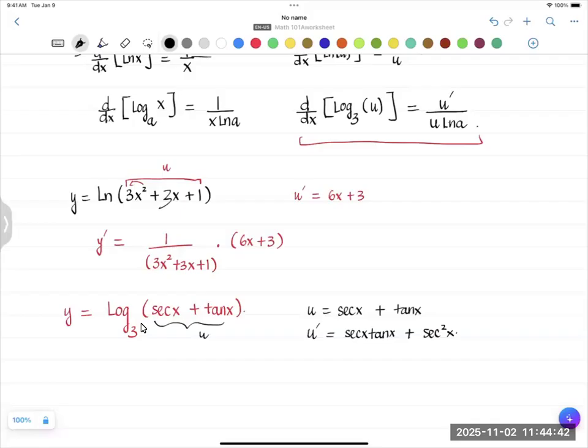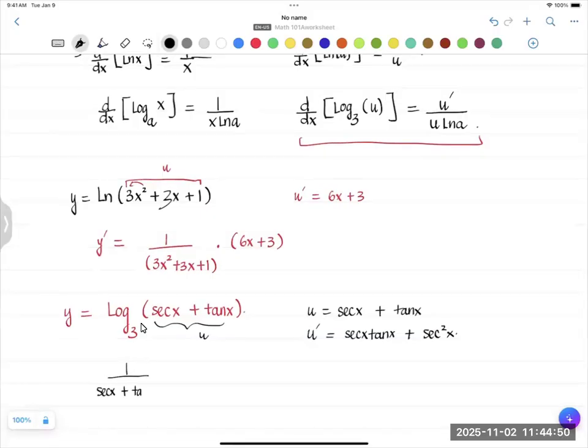So we have 1 over u, which is secant x over tangent x, times ln of a. What is a? a is 3, so ln of 3. And then times u prime.